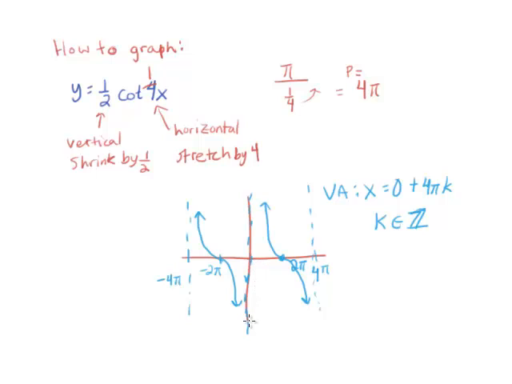How far is it from 0 to 4 pi? Because what we're saying is that every 4 pi after this, we end up with more asymptotes every time. Every 4 pi is going to happen before and after. So that's graphing cotangent.